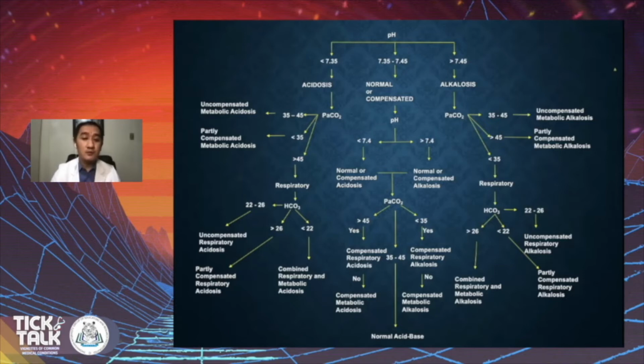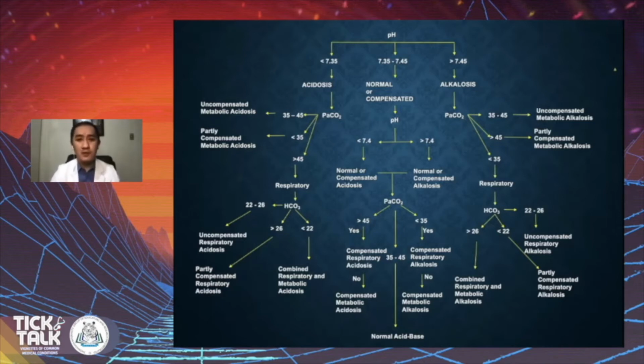If your PaCO2 is below 35, you are now entertaining partly compensated metabolic acidosis. But if your PaCO2 is elevated, your primary disturbance is respiratory, the one causing the low pH. Check for the bicarbonate. If it's within normal, it is uncompensated respiratory acidosis. If it's elevated, it's partly compensated respiratory acidosis. And if it's low, you are considering a combined or mixed respiratory and metabolic acidosis.